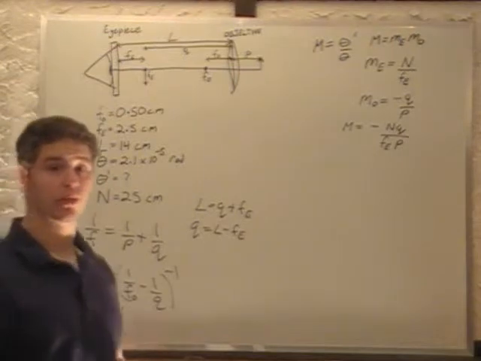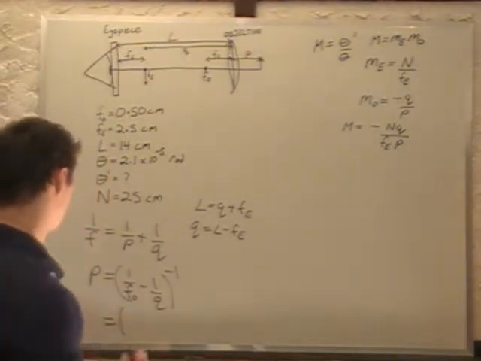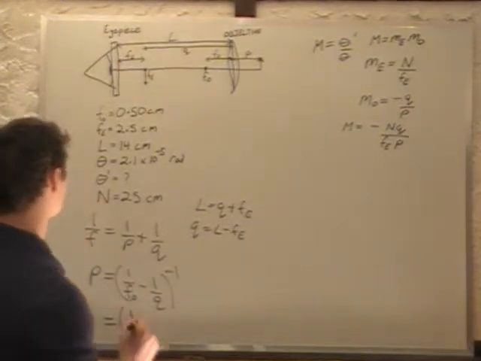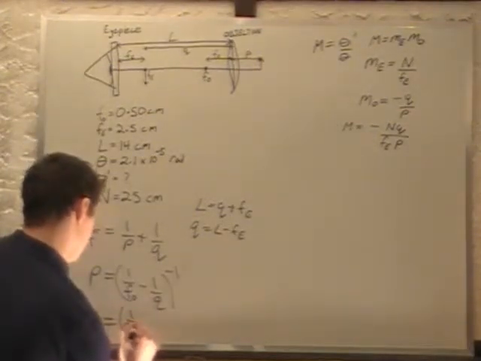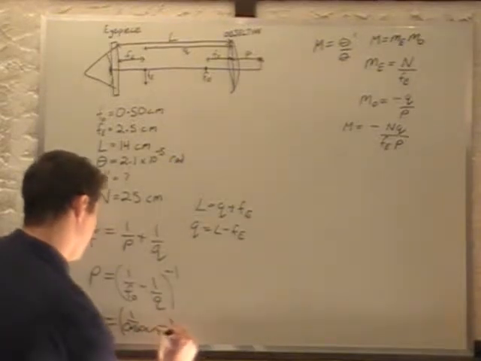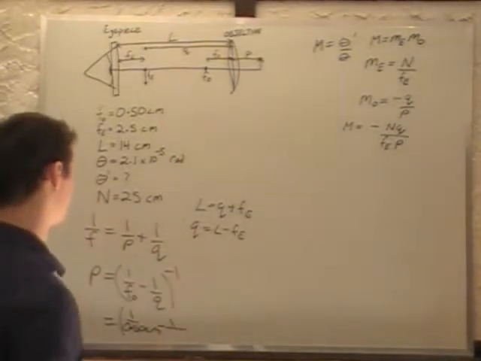So we are going to use both focal lengths here. 1 over F_O is 1 over 0.50 centimeters, minus 1 over Q, which is L minus F_E.